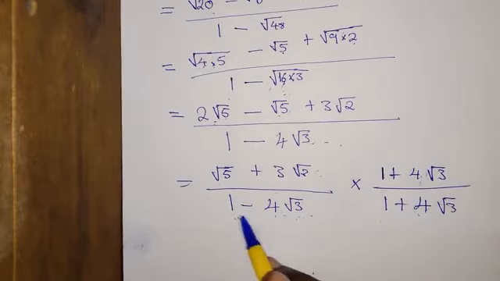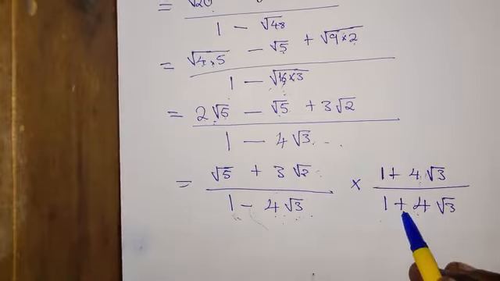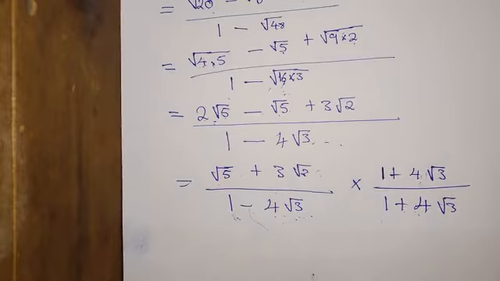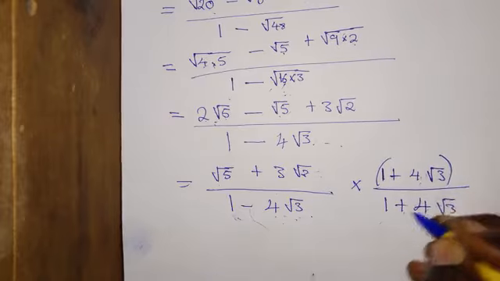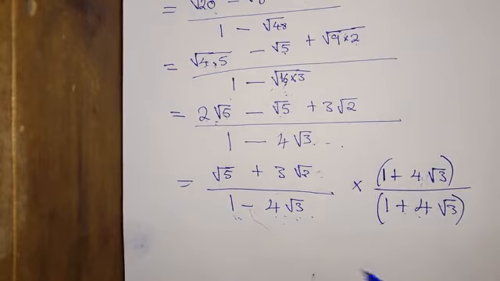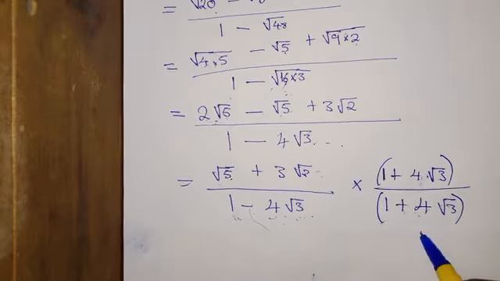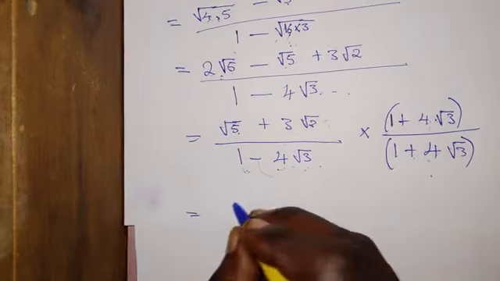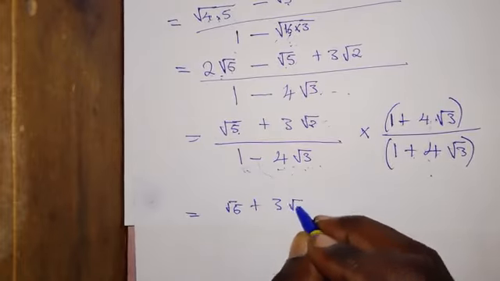Remember, we simply said if you have such an expression, multiply by the conjugate. If this is minus, its conjugate just becomes a plus. So multiplying this, multiplying that, we're now going to multiply numerator times numerator and denominator times denominator. So this is just basically root 5 plus 3 root 2.